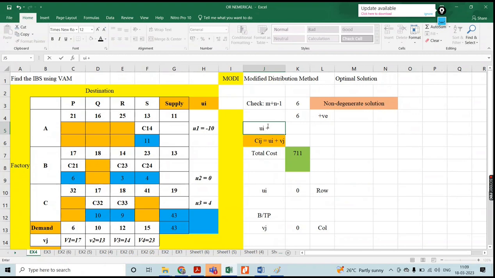Ui plus Vj, you have to calculate it and write the sum at the left corner. I will type it here. This is 7 here.